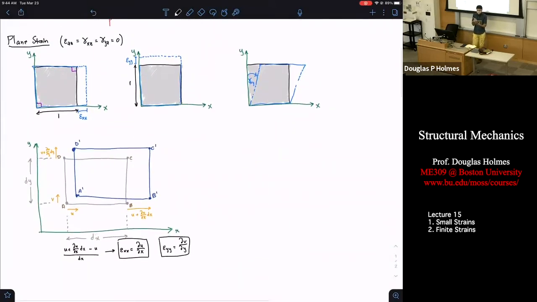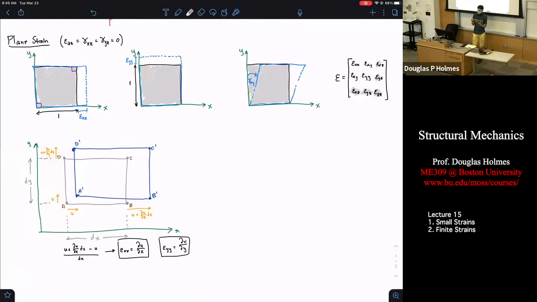And if we know that our strain tensor is going to have this, and we know that these terms are all 0, 0, 0, 0, 0, 0.